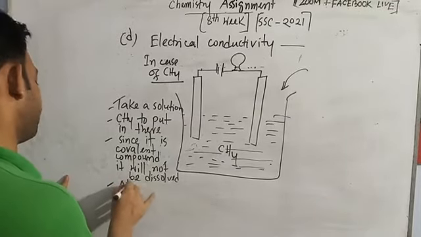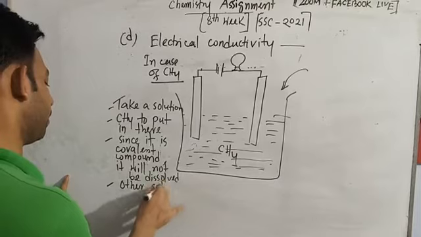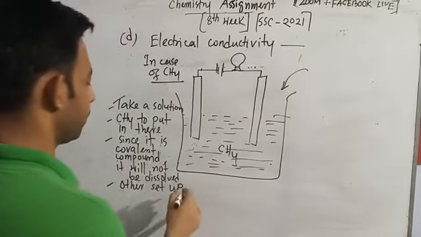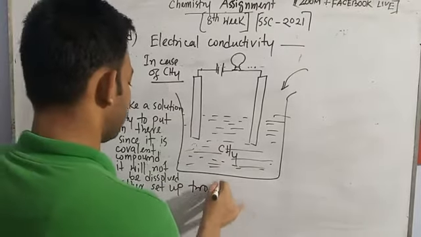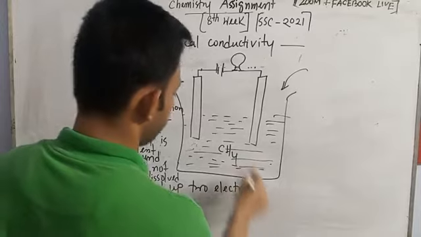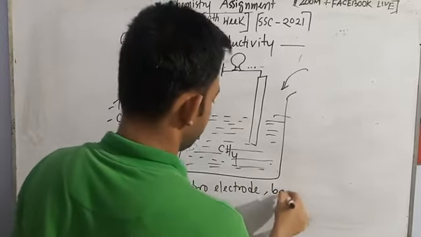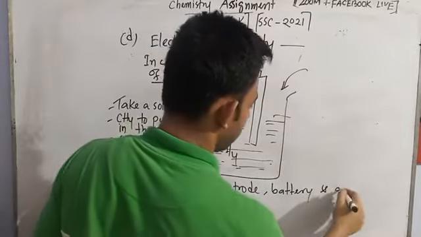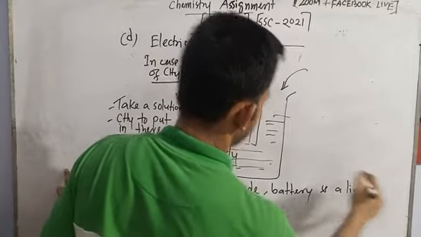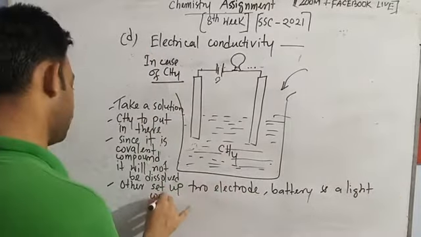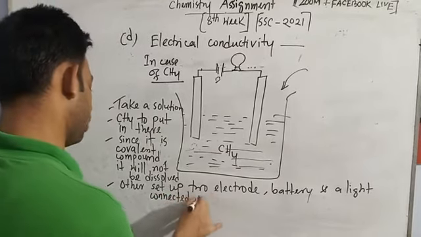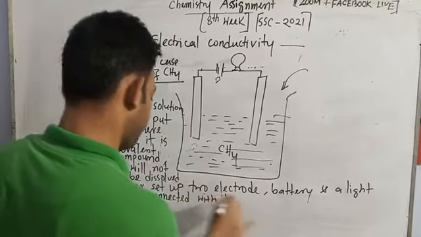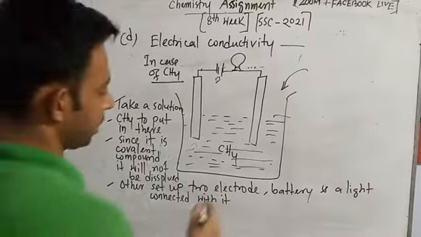Other setup: two electrodes, a battery, and a light connected with it.